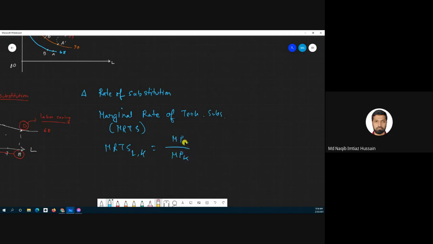Let's say if in some case MPL is higher than MPK, তার মানে কি হবে? এক ইউনিট লেবার বাড়ালে আউটপুট বেশি বাড়ে, তাই না? Output jumps more with increment of L than output jumps with increment of K. তাহলে কি হবে? এই সিচুয়েশনে তুমি কি করতে চাও? লেবার বাড়াবা না ক্যাপিটাল বাড়াবা?